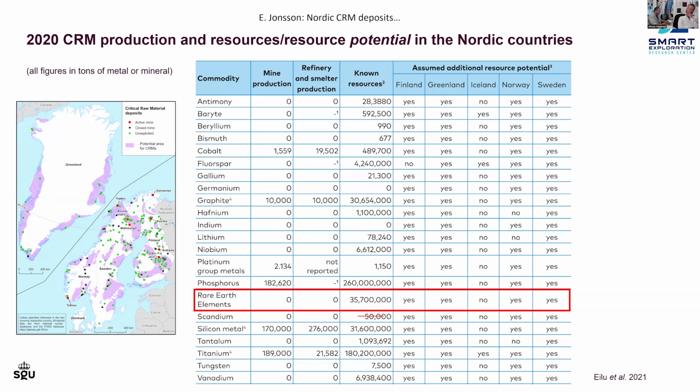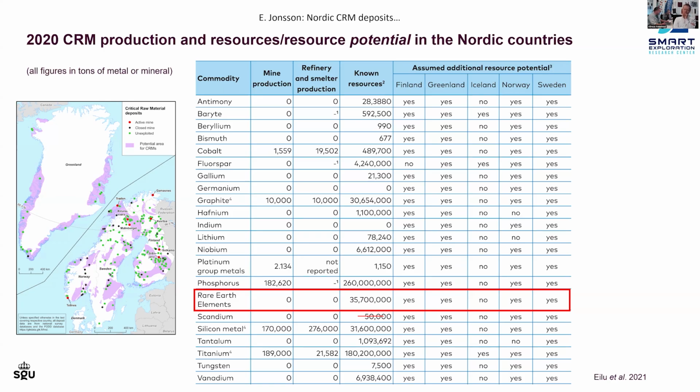And this was before LKAB published data on the Per Geijer deposit and on Kirunavaara, so we couldn't include them. The big number here is entirely dependent upon the Greenland deposits.